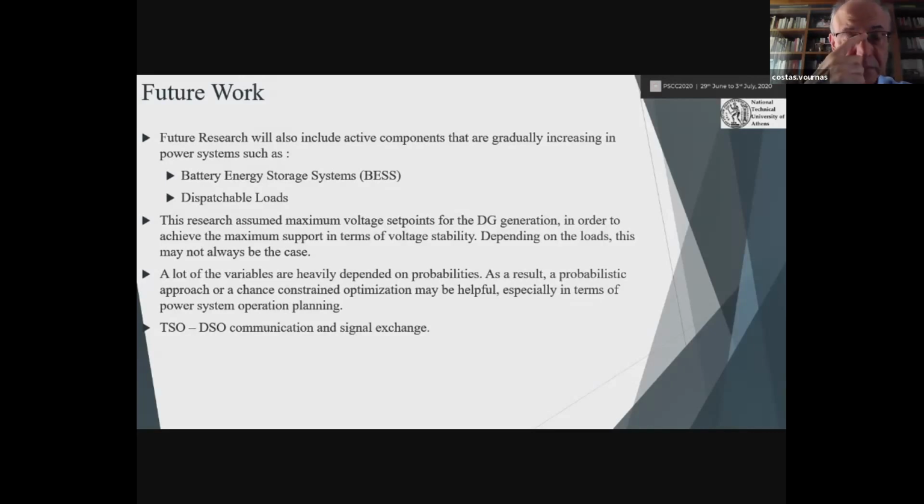In order to achieve all this, there has to be some communication between the transmission system operator and the distribution system operator, so this area is also very important to be studied.